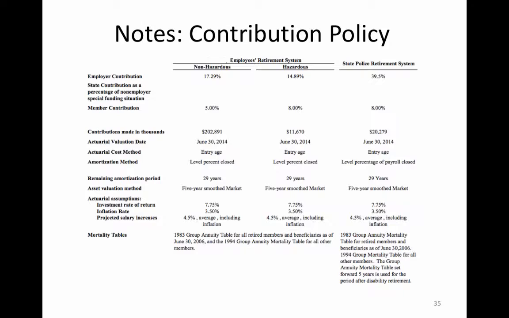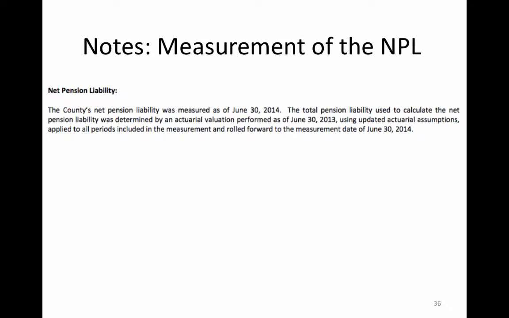But it could be as minimal as them saying our contributions are based on actuarial calculations without providing this detail about the assumptions that go into determining those contribution amounts. If that's the case, you will definitely see them in one of the supporting schedules related to actuarially determined employer contributions, and I'll say more about that in a little bit.